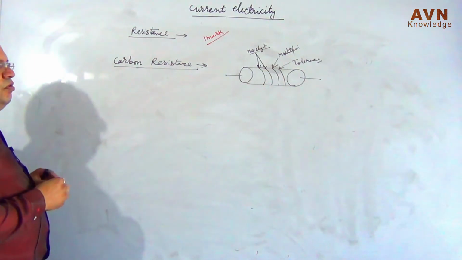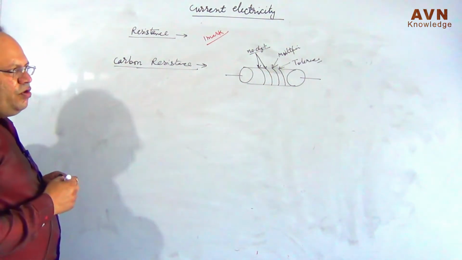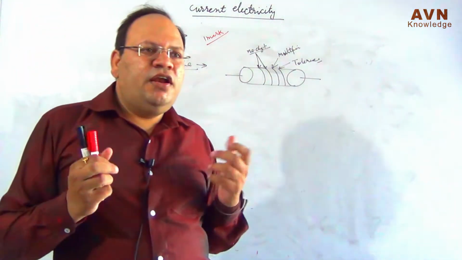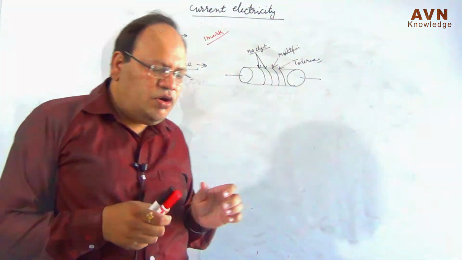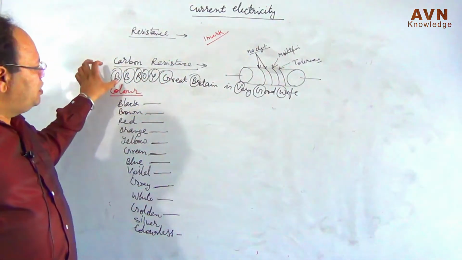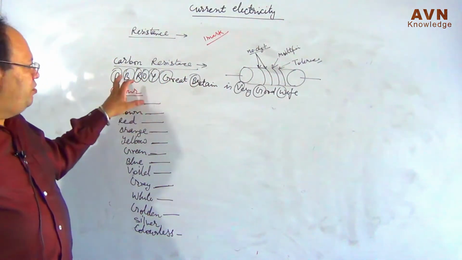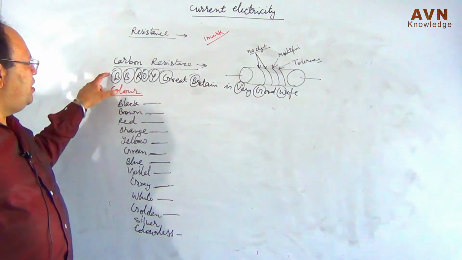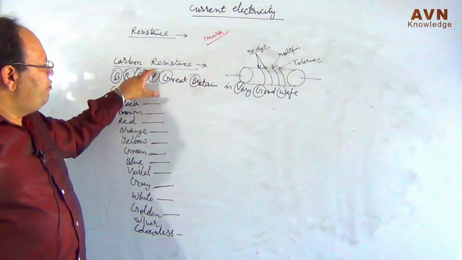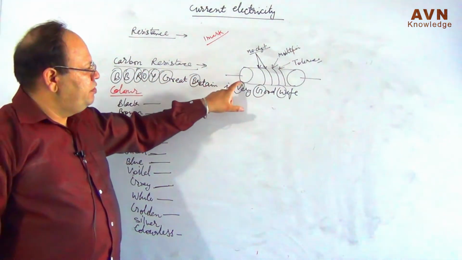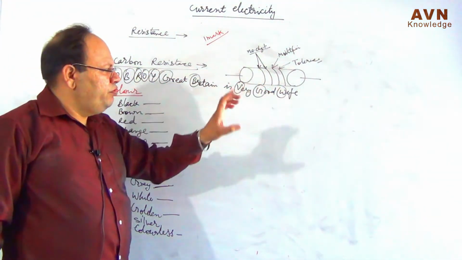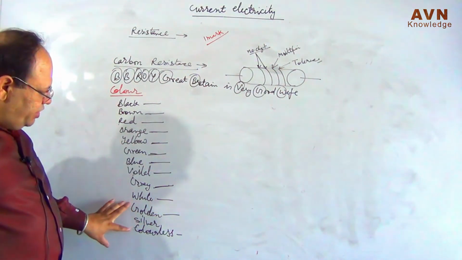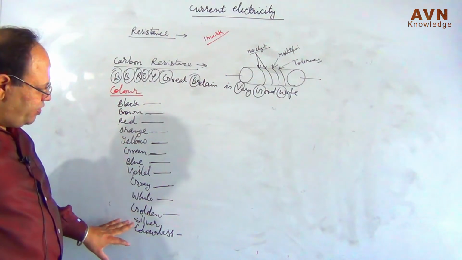So we have to learn a table of the color code, and how we learn the color code. We use this sentence: BB Roy Great Britain is very good wife. So B, B, R, O, Y, G, B, V, G and W, where W is white. Three more colors are golden, silver and colorless.